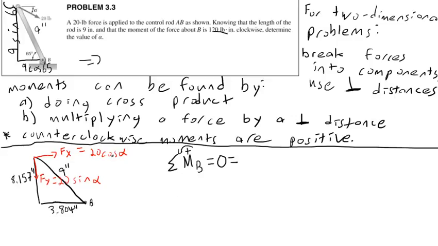This force has a line of action here. The perpendicular distance from B to Fx's line of action is 8.157 inches. So this is Fx times 8.157 inches.